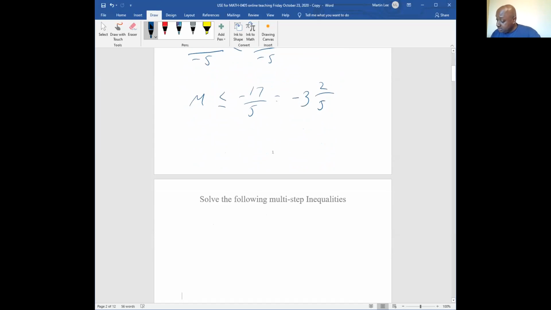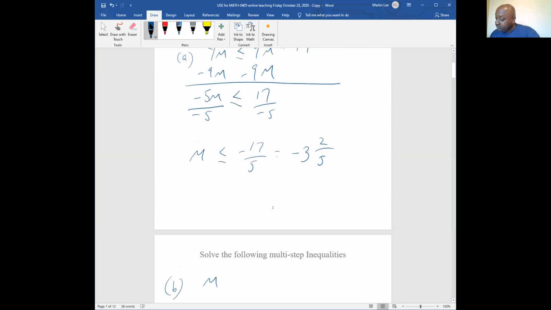Part B, we want to take this. Hold on, I messed up something. Going back for a second, I'm sorry. We divided by a negative number.